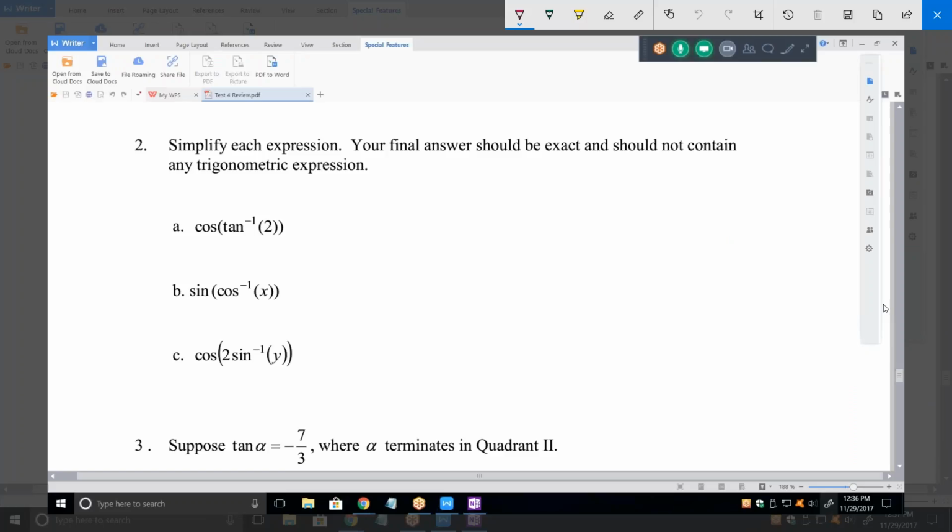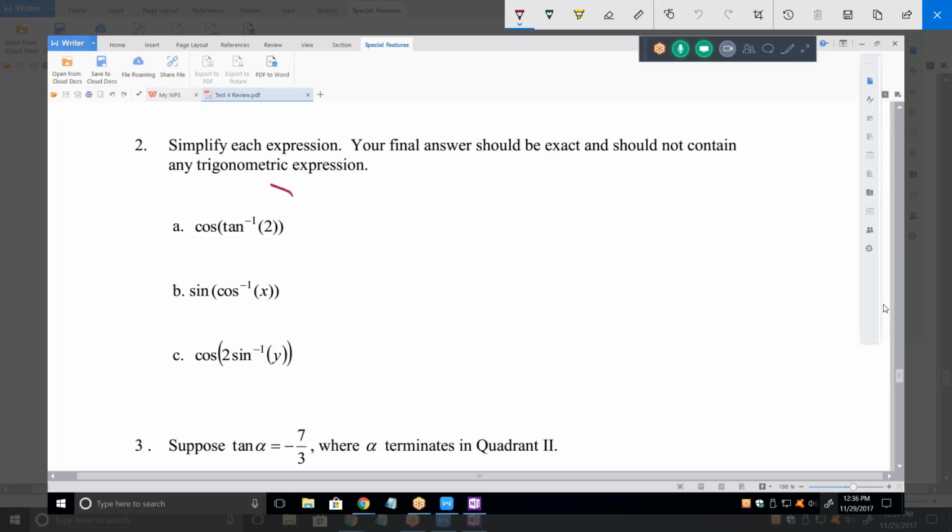Okay, so no trig function in our final answer. All 3 of these lend themselves to the technique that I've tried to teach you. And I'm not sure there's any other technique that's better.